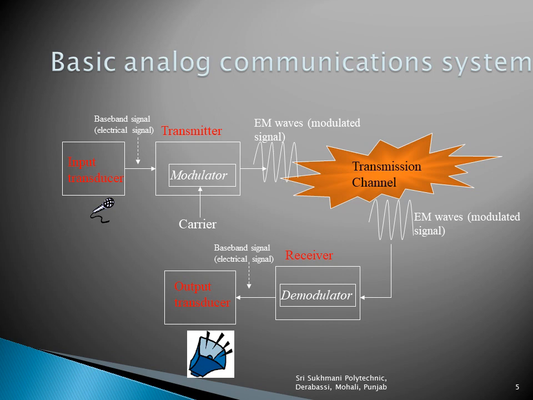So at the transmitter it is a modulator, at the receiver it is a demodulator. At the transmitter we do modulation, and here we demodulate. After demodulation, the original electrical signal is acquired.